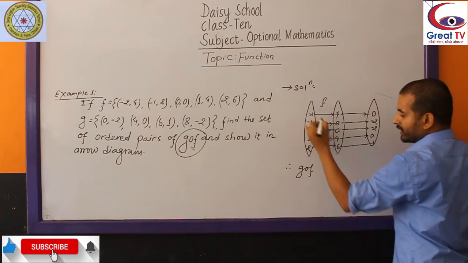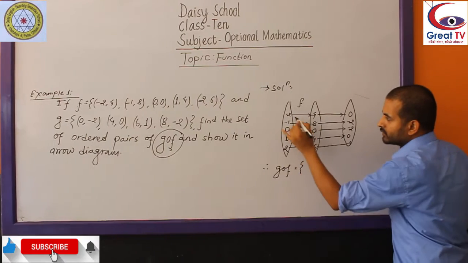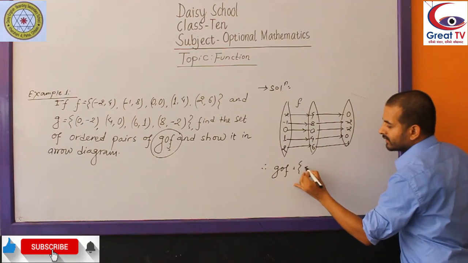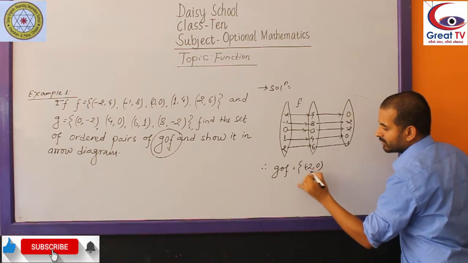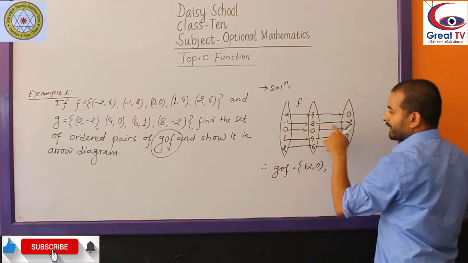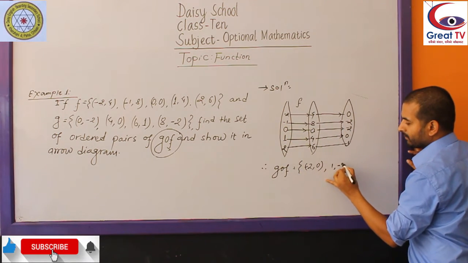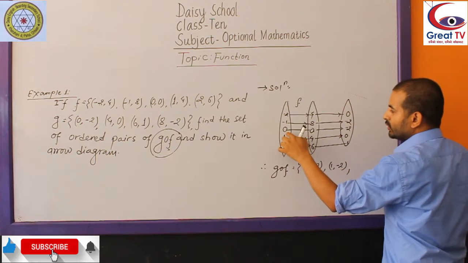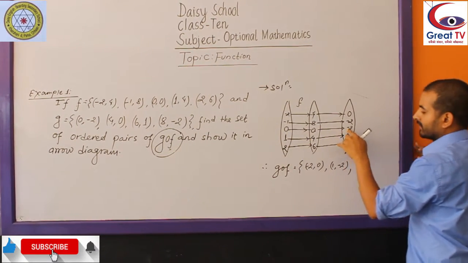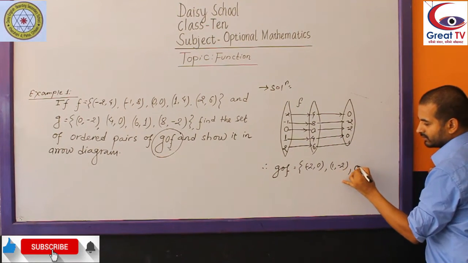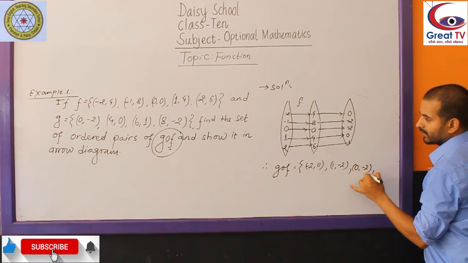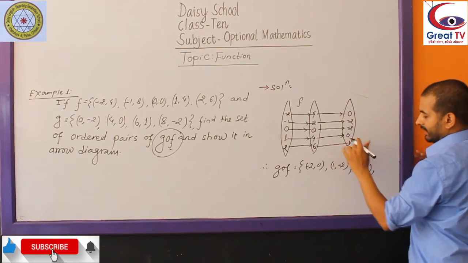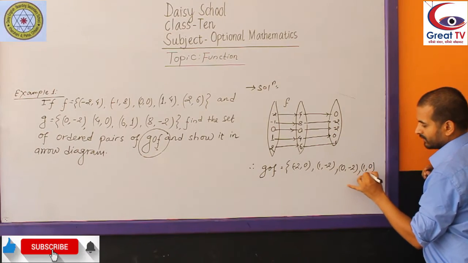Remember, -2 becomes finally 0. -1 becomes finally -2. 0 becomes finally -2. 1 becomes finally 0.